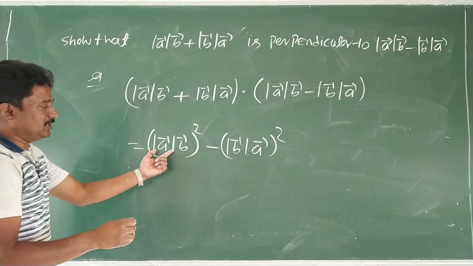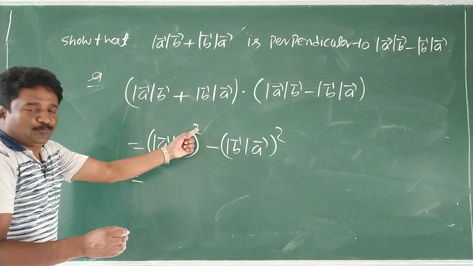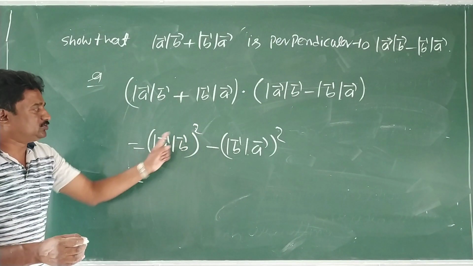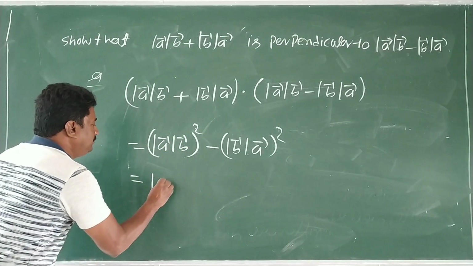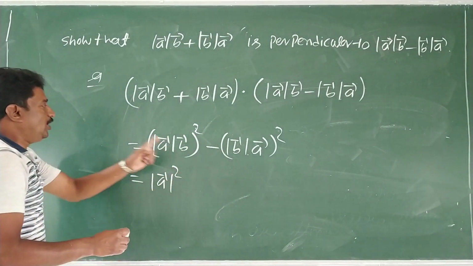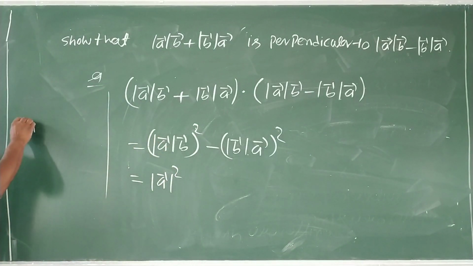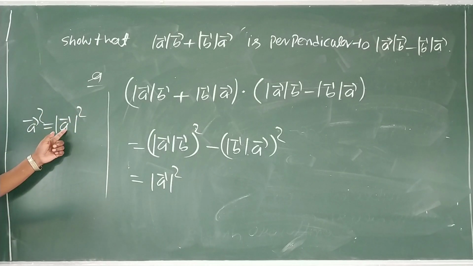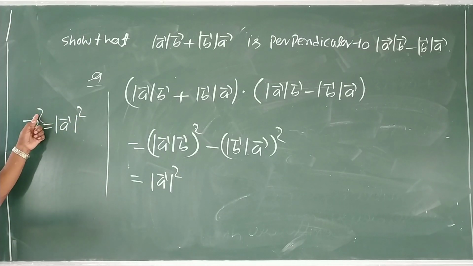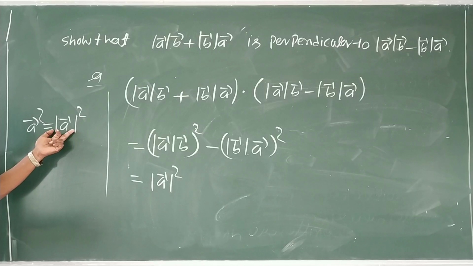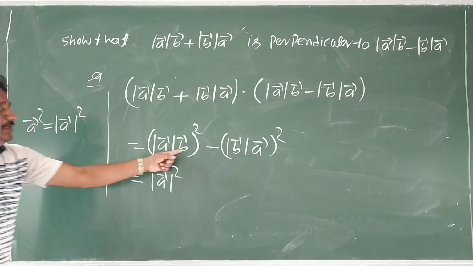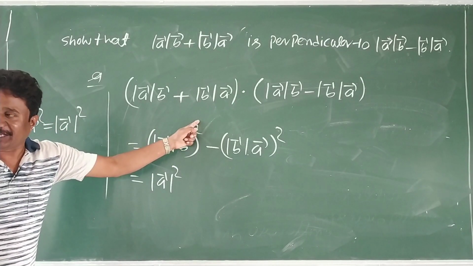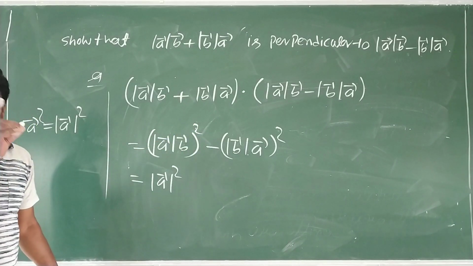And look at this, students. You all know this very well: vector A square is equal to magnitude of vector A whole square. In vectors, if square comes, use mod. I told this so many times. So vector B square can be written as length of vector B whole square.